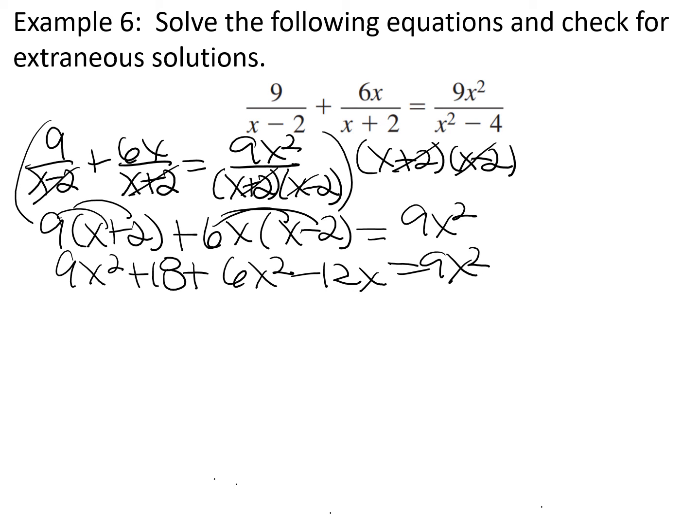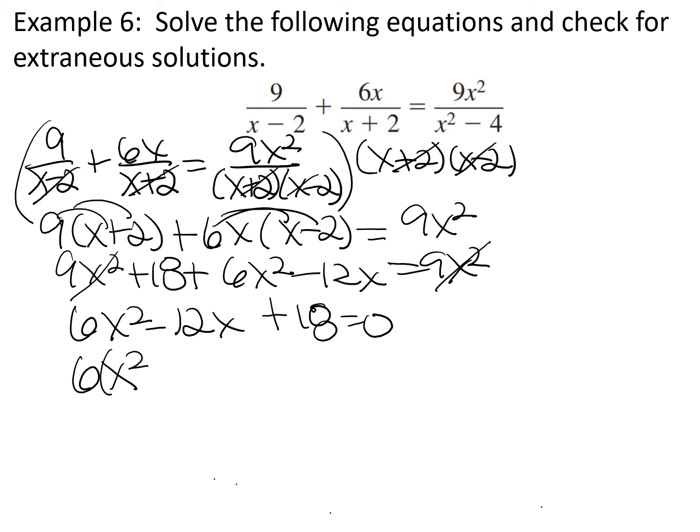The 9x squared on both sides will cancel. And then if I put this in order, I'll have 6x squared minus 12x plus 18. The GCF is 6, I could factor that out. Okay, and that's not seeming right.